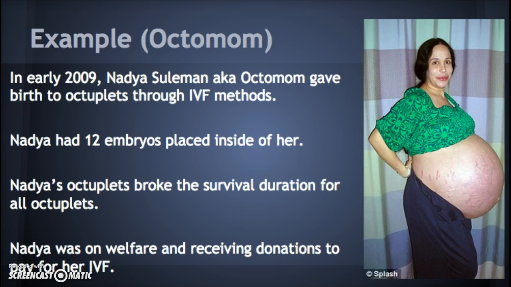However, four of them did not come through, but eight did, and this broke the survival record for octuplets. However, it turns out that she had been on welfare and was using the welfare and getting donations to pay for IVF. So rather than using it for what it's meant for, like when you're barren or infertile, she was sort of using it as, I guess, a money maker.